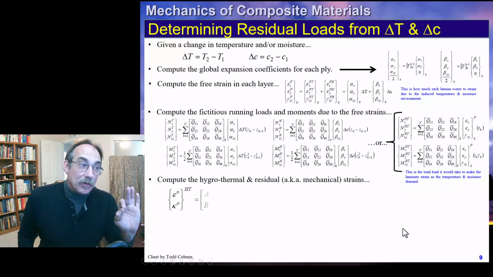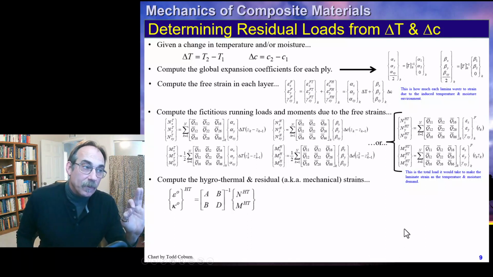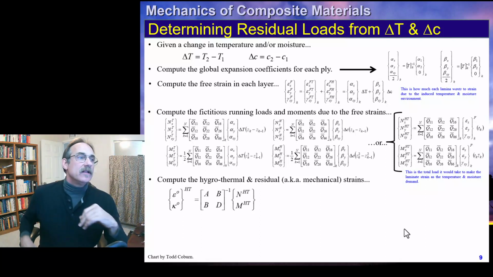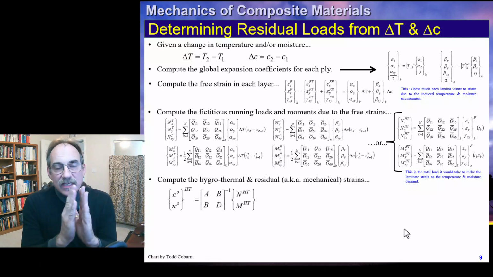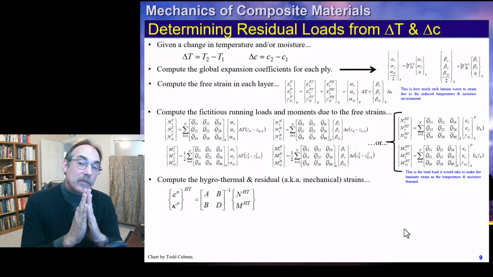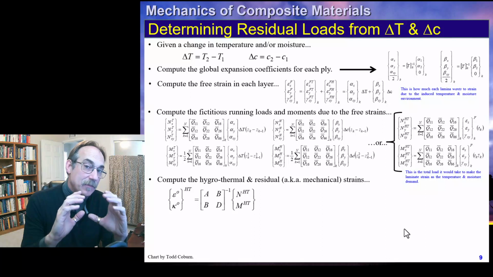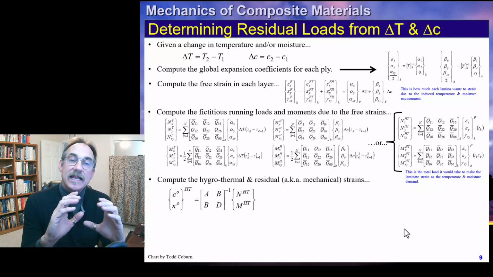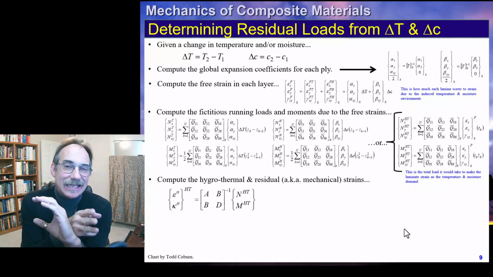Now we're ready to calculate the hygrothermal and residual strains. Okay? So if we take our fictitious hygrothermal running loads and moments and we pre-multiply by the inverse of the ABBD matrix, we're going to end up getting the midplane laminate hygrothermal strains and curvatures.